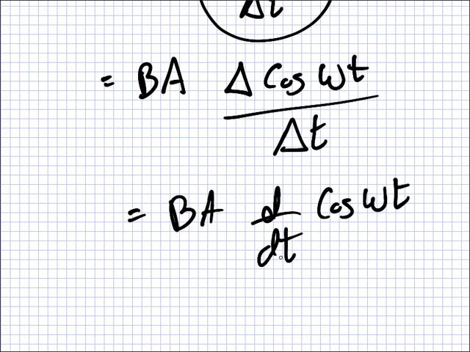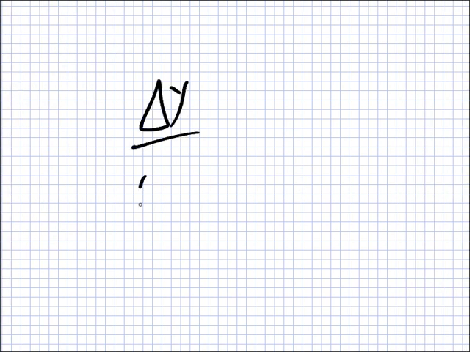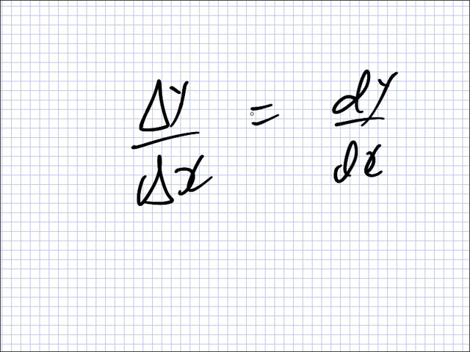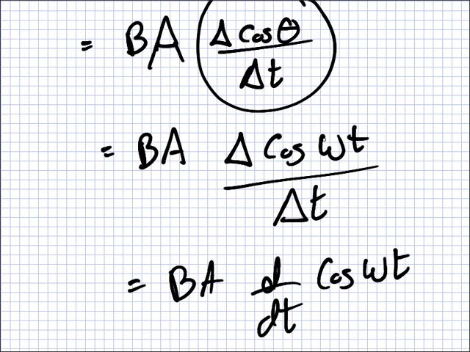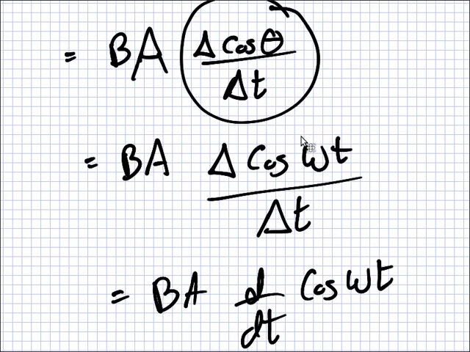You did this in maths class. You know that this and this are the same, nearly. So what's the omega t? Because the theta changes.